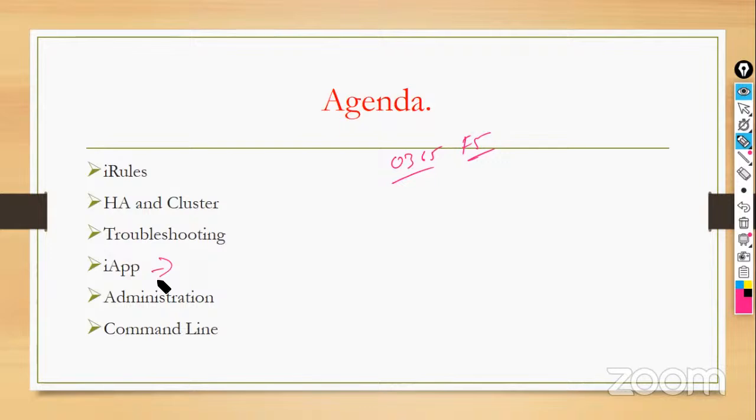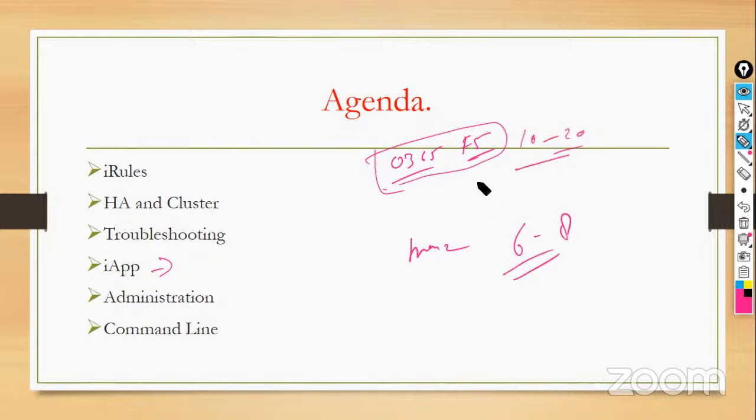If you do the Office 365 configuration manually, it may take 6 hours or 8 hours, right? But with the template, you can do it in 10 to 20 minutes, because it's a predefined template. You just need to provide the IP and whatever required details, and just click next, yes, yes, yes. So this is the iApps feature.